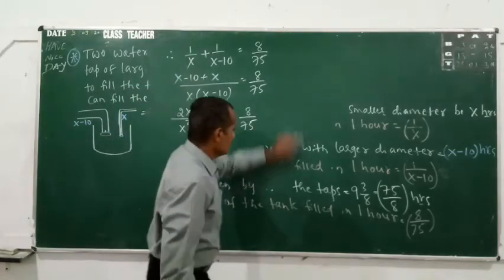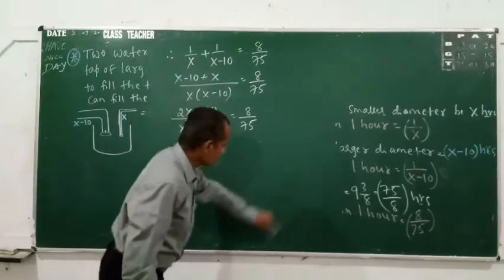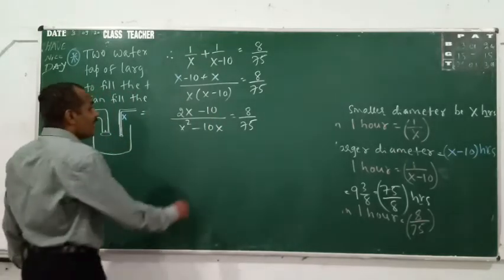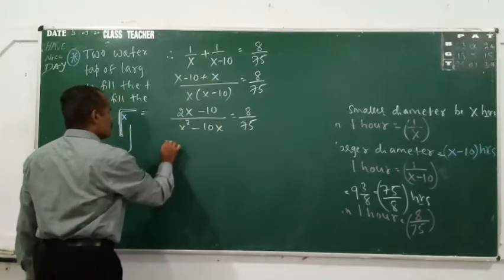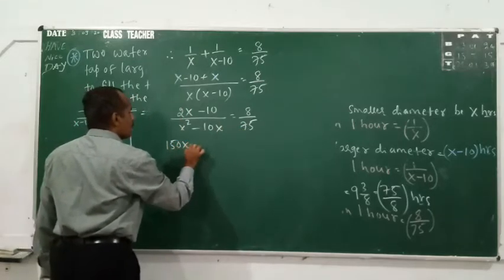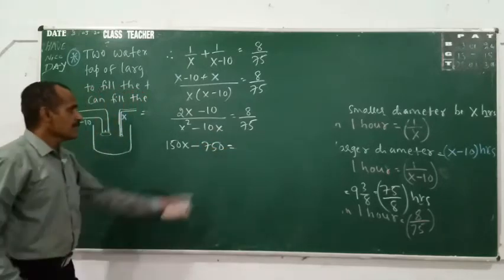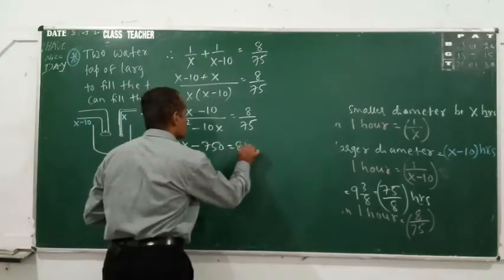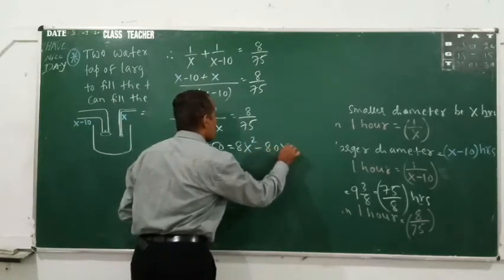Looks a little bigger, but let us see what the answer is. I can cross multiply. 75 into 2 is 150x minus 75 into 10 is 750. Cross multiplication gives 8 into x squared, 8x squared, 8 into 10 minus 80x.